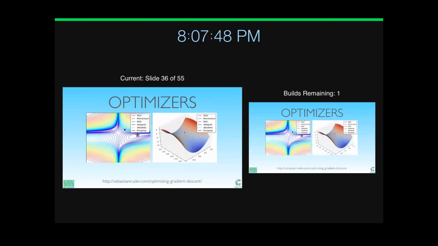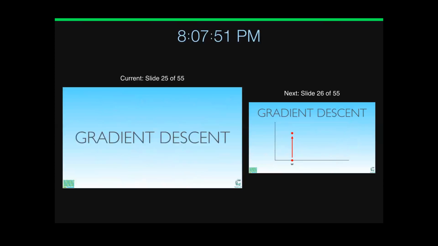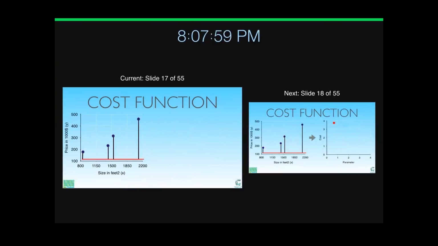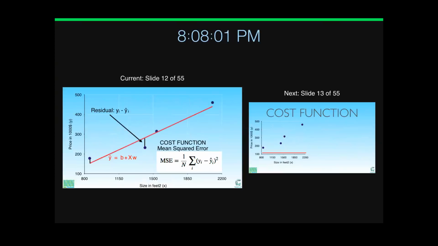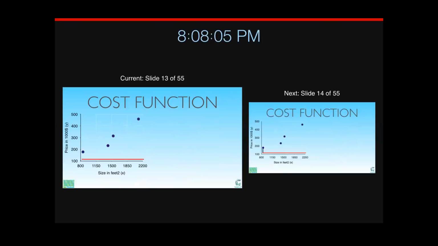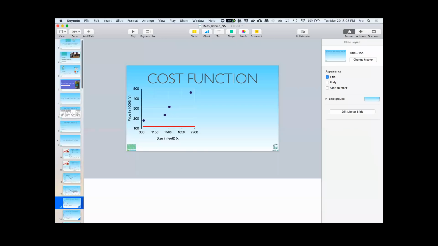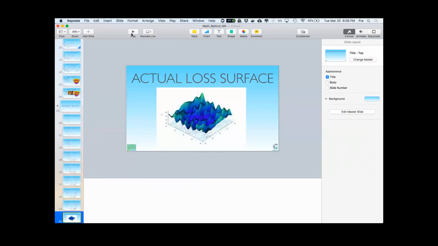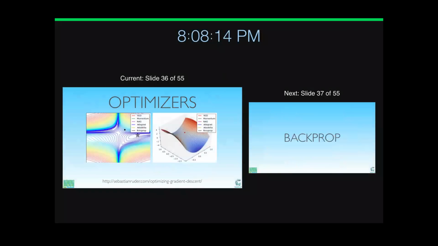So let's recap. We've defined the cost function. Okay. The cost is this one. So we've defined a cost function, and we've defined how to navigate the cost surface using an optimizer.